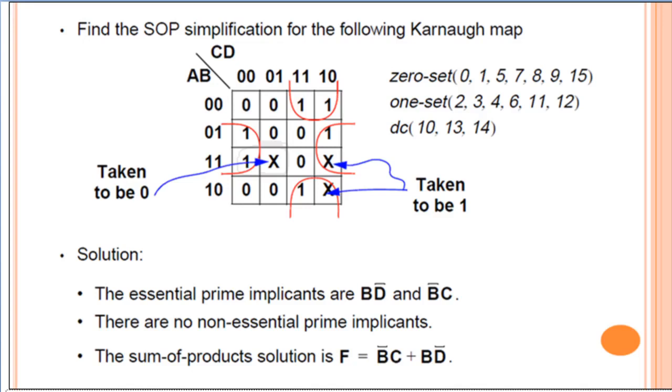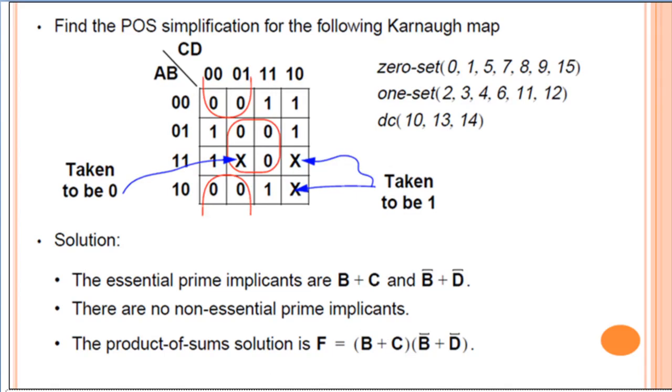Okay, this is another example. Here the don't care conditions are 10, 13 and 14. This is the same example, but in that particular case we will solve this K-map with the help of zeros.